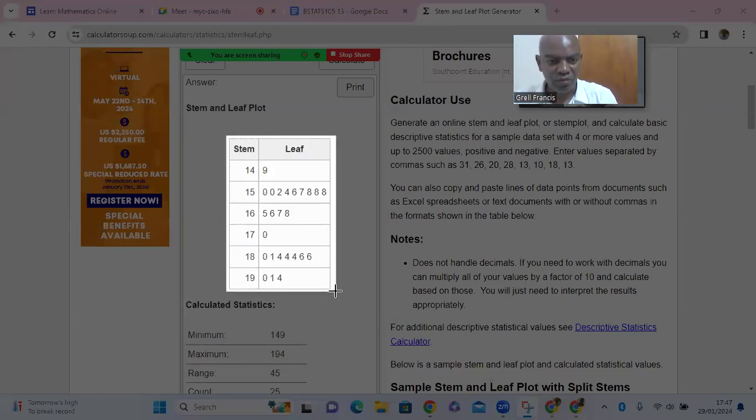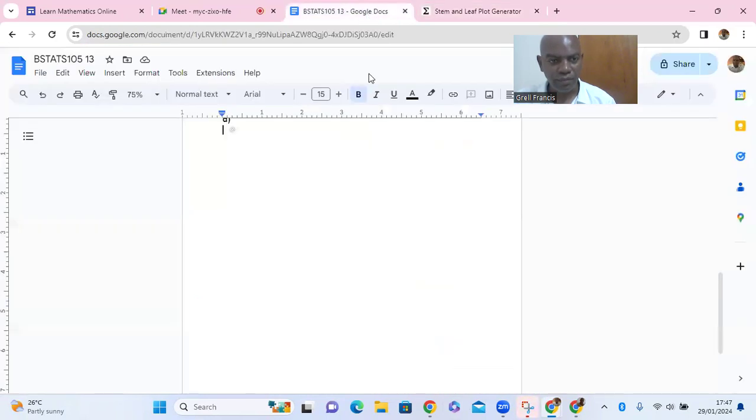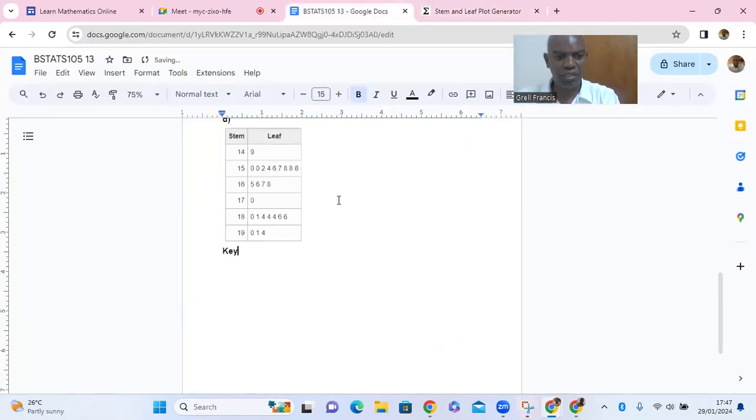So the leaves go from 0 to 10, okay? Let's fix that now. And my key, you've got to put your key. You can choose any one, let's say 14 slash 9 means 149 US dollars. Okay, so now we have our stem and leaf.